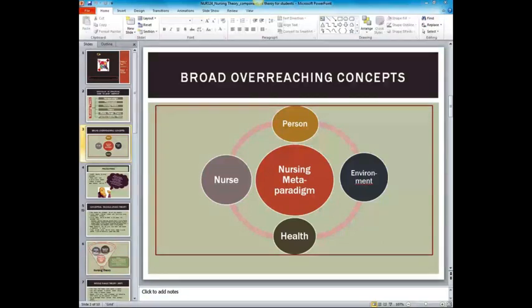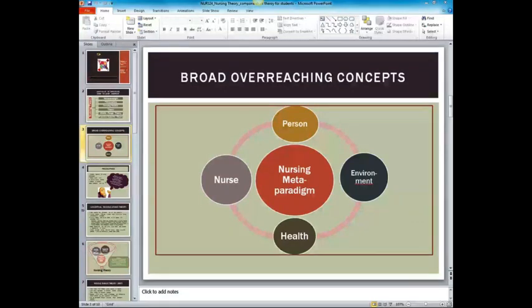It is the broad concepts that are involved and expressed in all of the nursing theories, some to more extent, some to less extent. And we'll talk about that as we move forward, talking about specific theories. But no one theorist owns the nursing meta-paradigm. Nursing owns the nursing meta-paradigm.